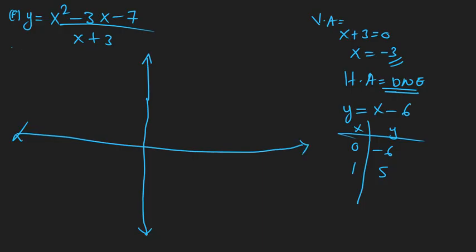Vertical asymptote is at negative 3. Then you can plot these points.